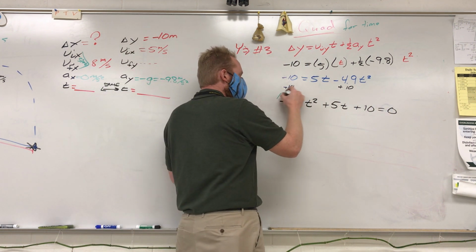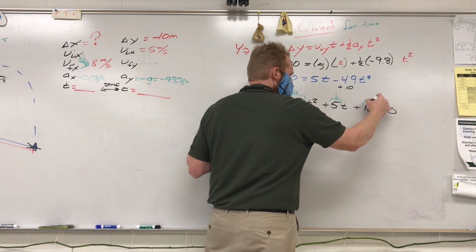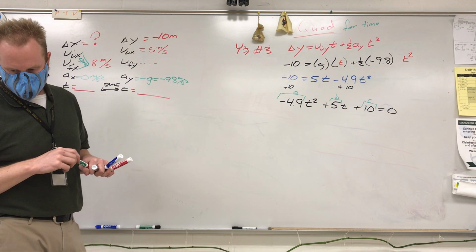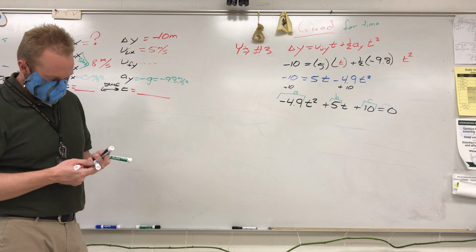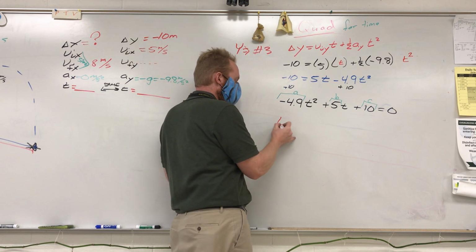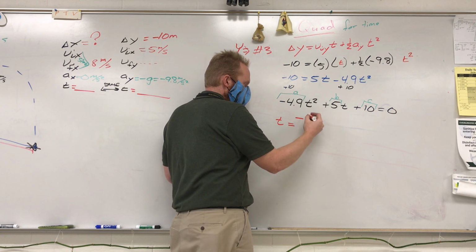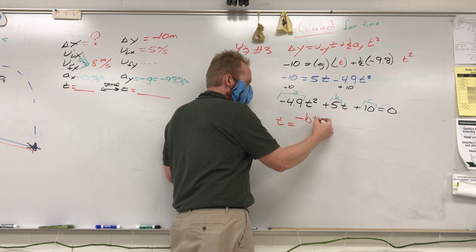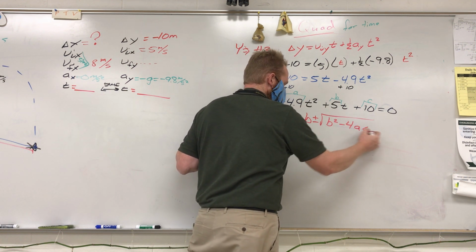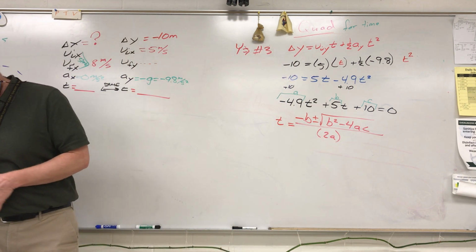Just to remind you, this is your A, this is your B, that's the C. And then, when we set this up, we always say x equals, but technically now we're saying t is equal to, fix this if I'm wrong, negative b plus or minus the square root of b squared minus 4ac, all divided by 2a. I think I got it right.